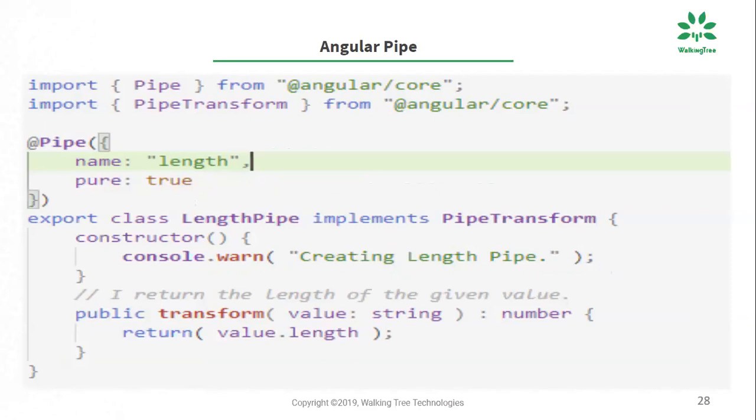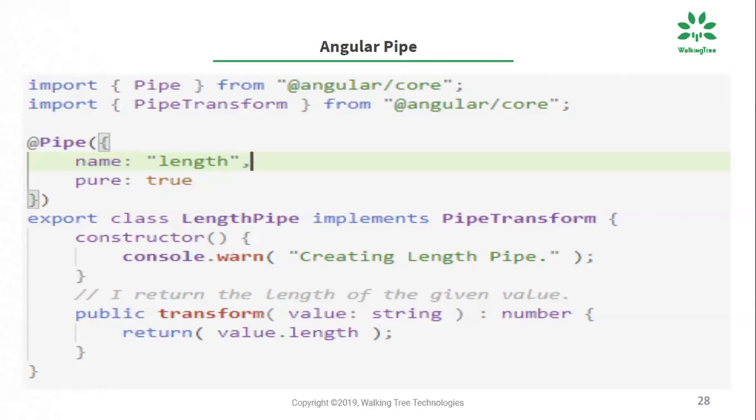And we can see that pure pipes are instantiated only once, but called every time.